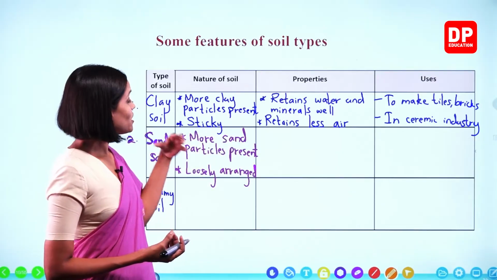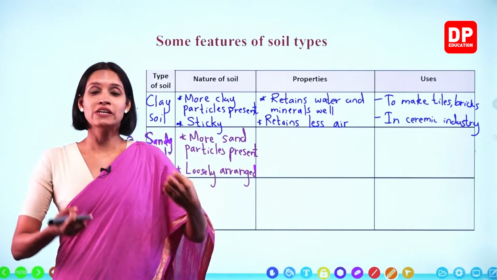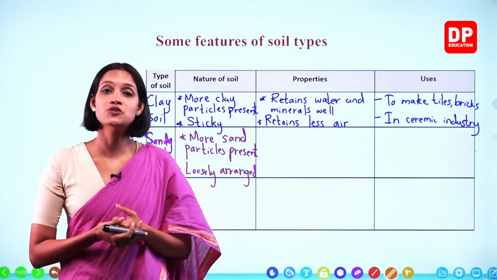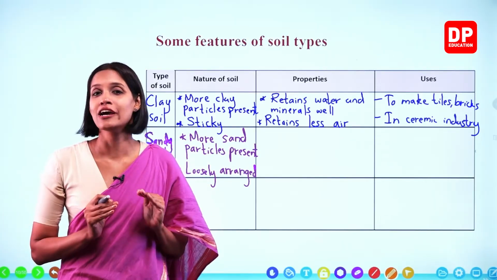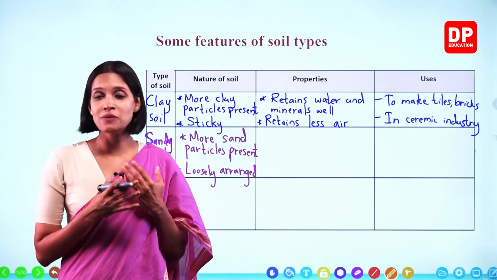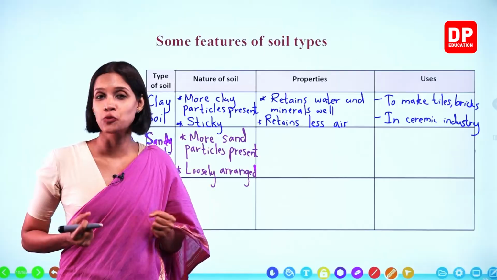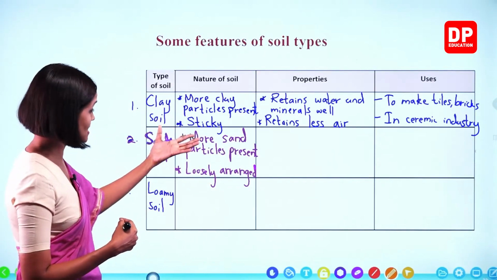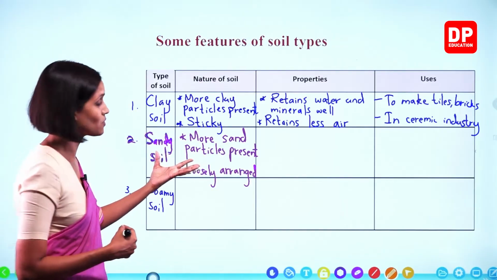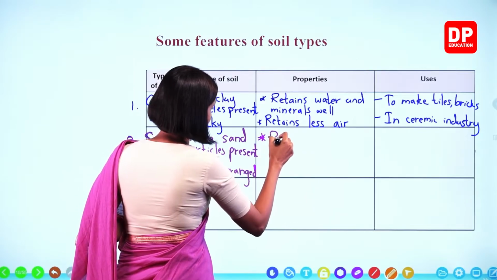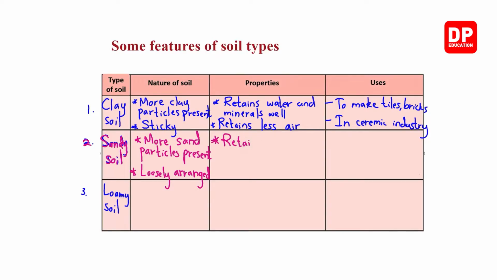When you pour water into this sandy soil, water will go through these sand particles and sink to the bottom, which means this sandy soil cannot retain water well, because the spaces between the particles are too big to retain water. So retention of water is less, retention of air is more. Retains air well.